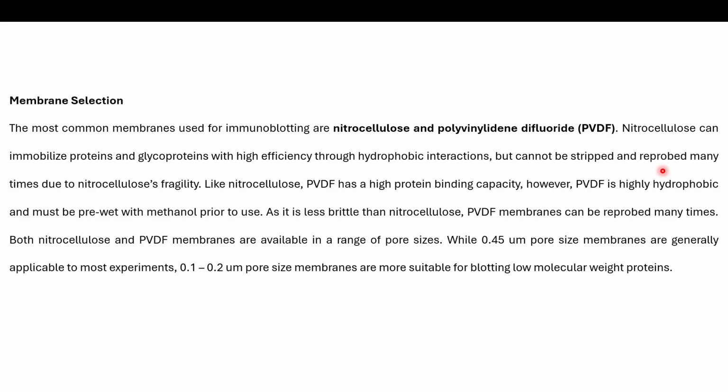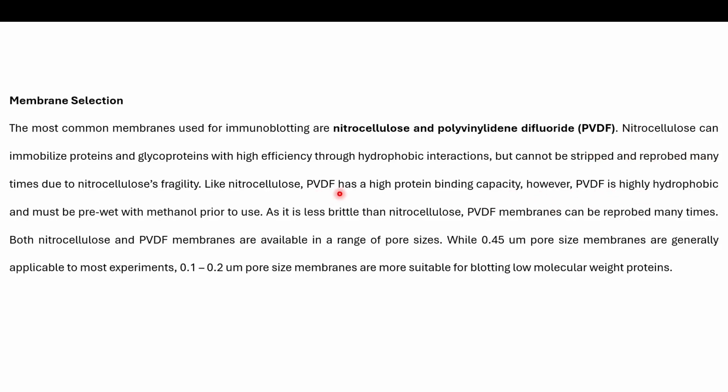The nitrocellulose membrane can't be reprobed, but with PVDF, once you have used an antibody solution for a particular protein, you can probe it again with a different antibody. It gives better results with PVDF, but not with nitrocellulose.